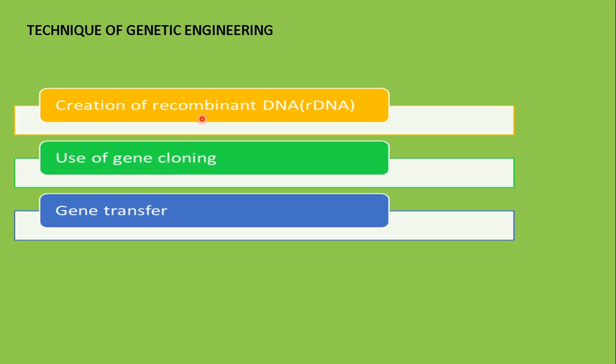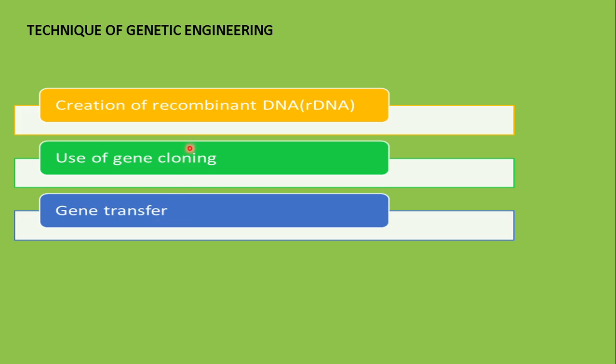The term itself is self-explanatory: creating a new DNA by combining two different DNAs. Gene cloning means creating new copies, replicas. Even this technique has to be used, and then gene transfer, where a gene from one organism is transferred into another organism.